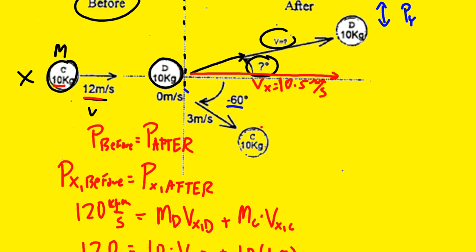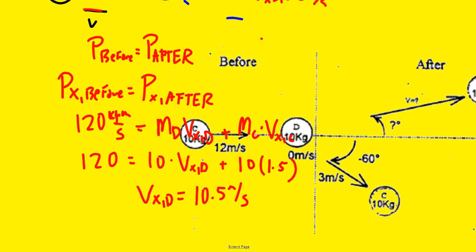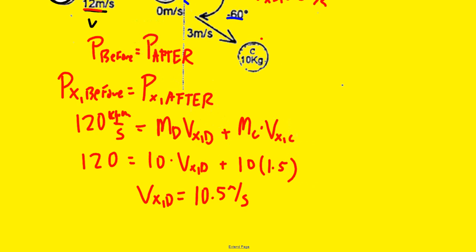Now we need to talk about what's happening in the y direction. In the y direction, we're starting out with a momentum of 0, because all the velocity is directed in the x direction. That means after the collision, the total momentum has to be 0.